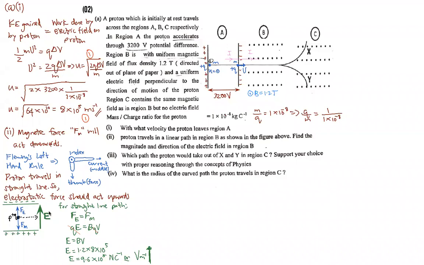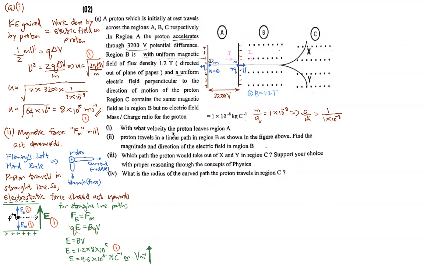Find the magnitude and direction. The magnitude and direction both are expected of us. Good. So you have to show all these things. 1 mark for this, 1 mark for this, 1 mark for this, and 1 mark for the magnitude, 9.6 into 10 to the power 5. 4 marks total for that question.